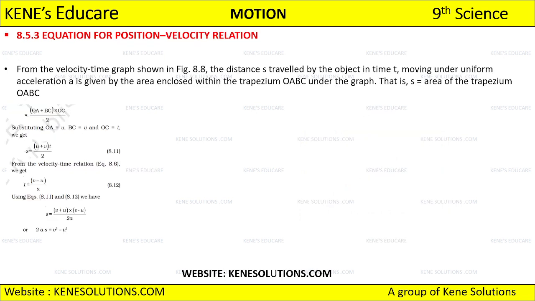After this, we discussed the equation for the position velocity relation. So the equation that will come up at the end is S is equal to (v plus u) multiplied by (v minus u) upon 2a.